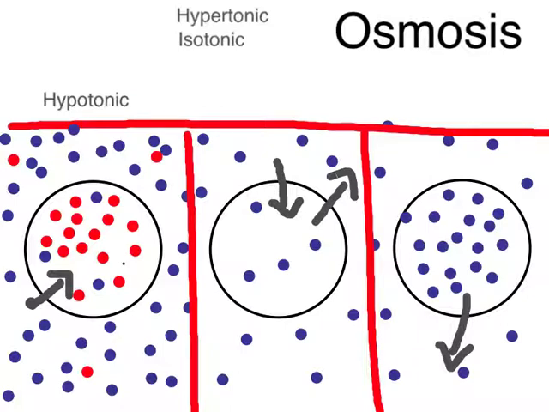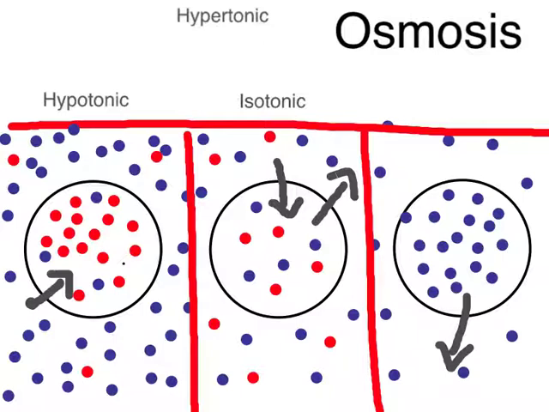So we have a higher concentration of dissolved salt inside the cell than we do outside the cell. Now in the second case, the concentration of dissolved salt inside and outside the cell is about even. We call that isotonic. Iso meaning same, and tonic referring to the particles and stuff that are dissolved in the water.